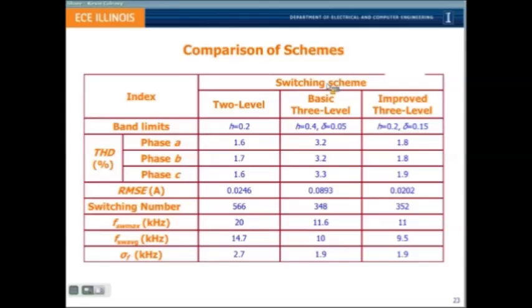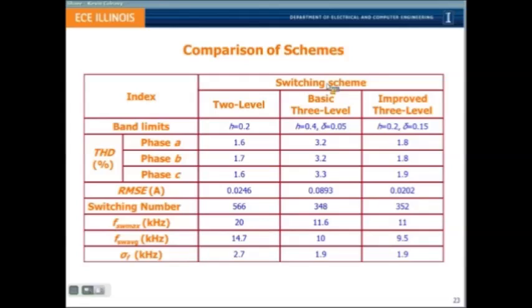So this is important. This is the crux of the entire story. For the 2-level scheme, the THD is total harmonic distortion, which indicates how much of harmonic components is there in the source currents. And RMSE is the root mean square error, which is directly proportional to the tracking error. And switching number is 1 turn on plus turn off.